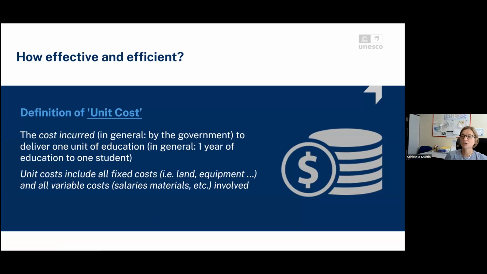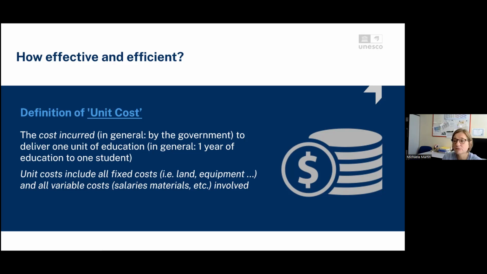The easier definition of unit cost I mentioned is the cost incurred in general by the government to deliver 1 unit of education, in general 1 year of education, to 1 student. In the simplest way, we divide the yearly public budget allocated to education by the number of primary school students.